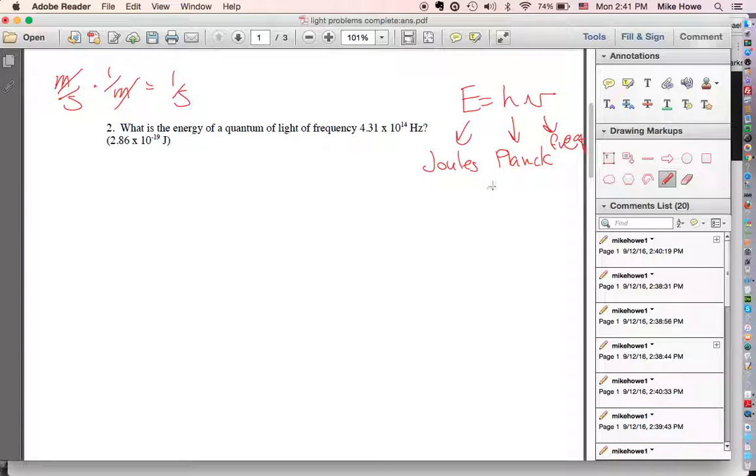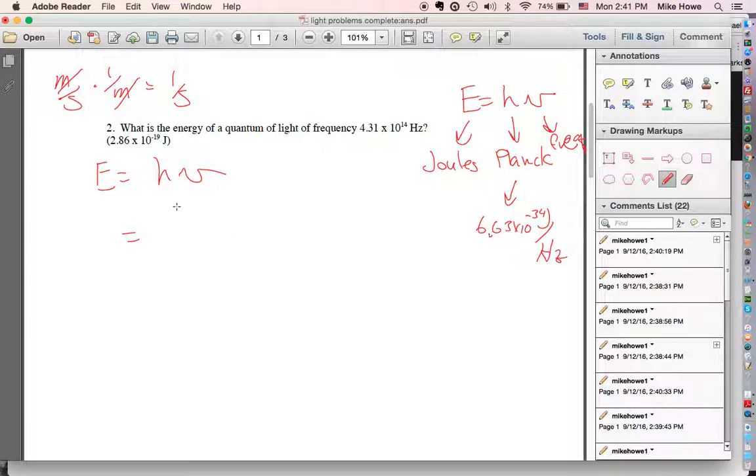Okay, and the numerical value for Planck's constant was kind of a weird value. You might remember on the board it was 6.63 times 10 to the -34th joules per hertz. Okay, so energy is equal to h times frequency.